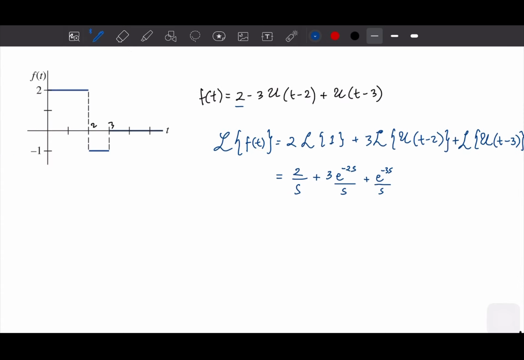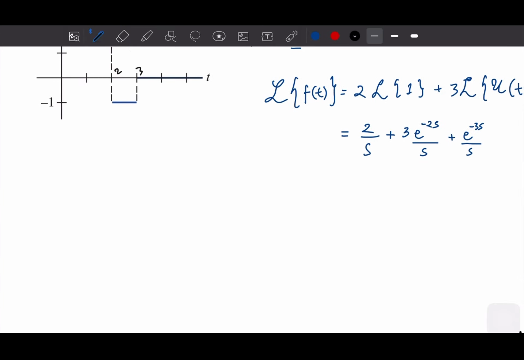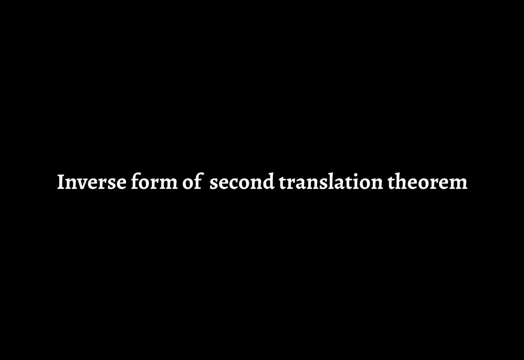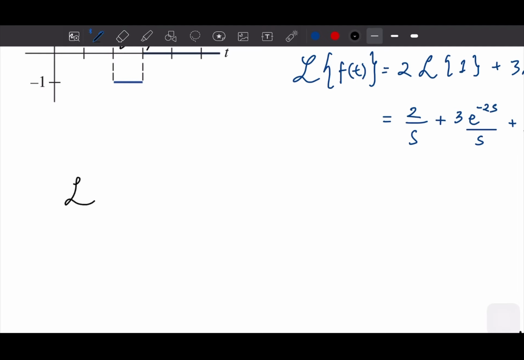And now, how about if we take the inverse form? So we take the inverse of e to the power of negative as times the capital F of s.